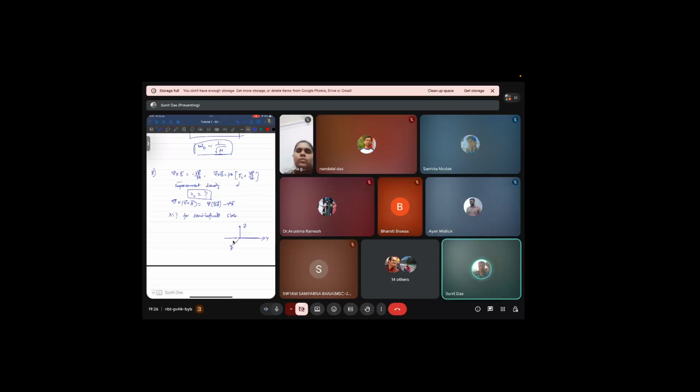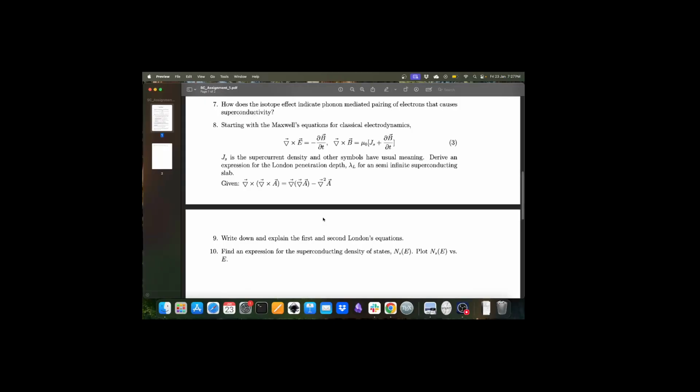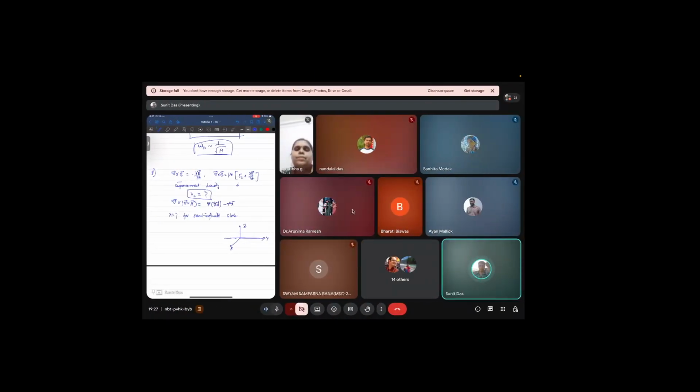Yeah, so what you need to solve essentially is... I think I've written something wrong. Curl of B. This equation is wrong, I think, right?